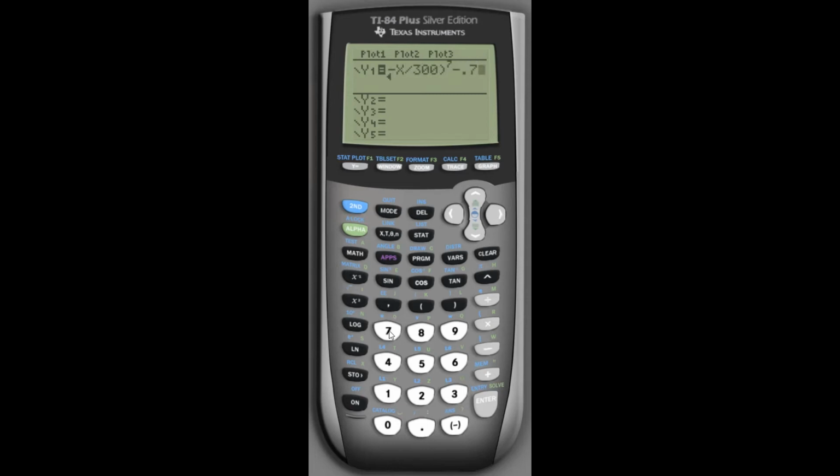We need to find zeros of this function. Let's go to window. Window is between 0 and 300. Let's make the step equal to 10. And let's graph this function.